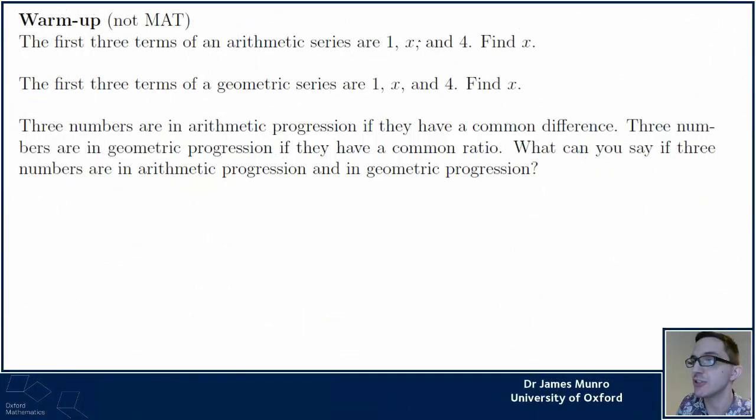For this first question, I guess the algebra is something like: if you're in an arithmetic series, it means that there's a common difference. So x is equal to 1 plus that difference, and 4 is equal to 1 plus twice that difference. That's just what an arithmetic series means.